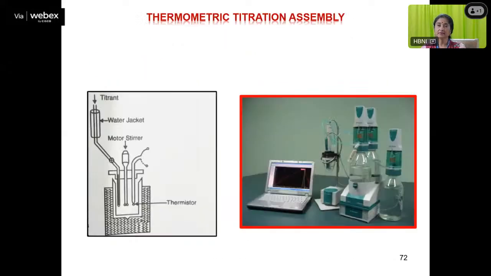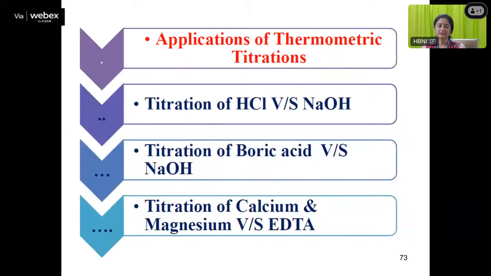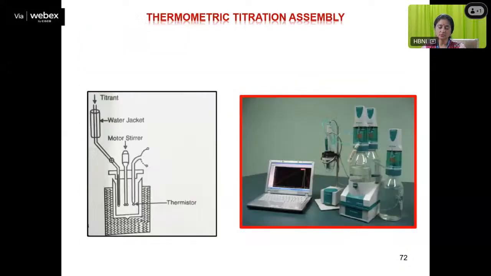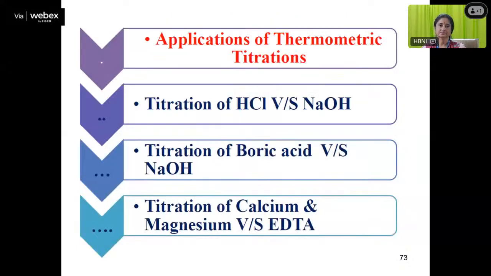This is the typical setup for the thermometric titration assembly. As for applications, the same acid-base titrations can be done by thermometric titration also. You have to use the thermometric instrument setup to do all these types of titration. This is acid-base titration, strong acid strong base, weak acid strong base, and this is a complexometric titration.